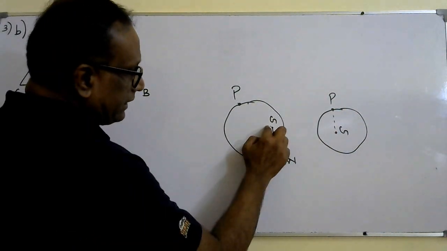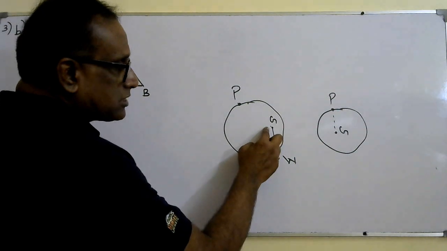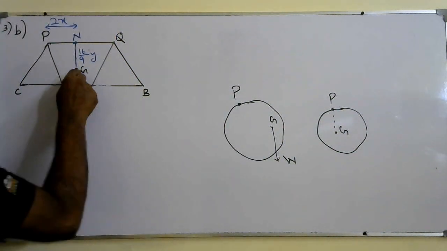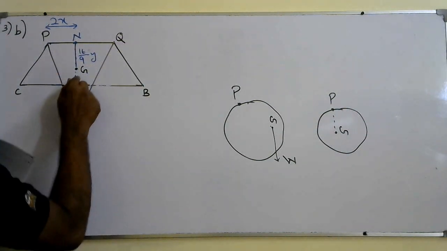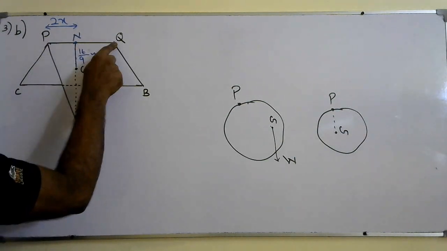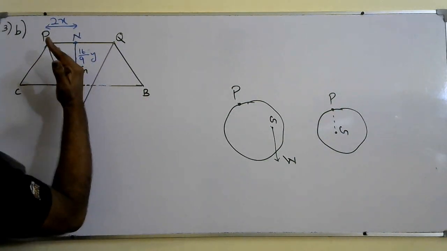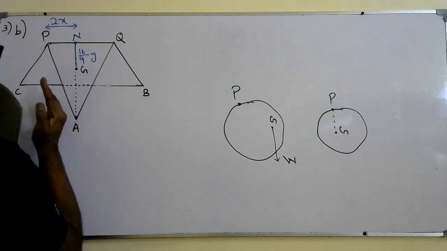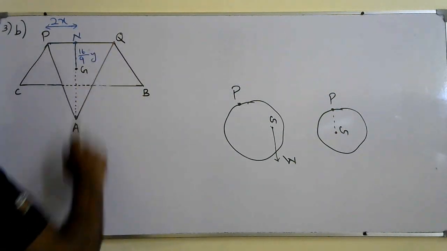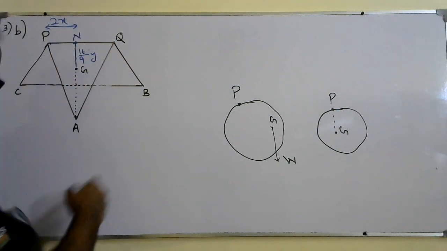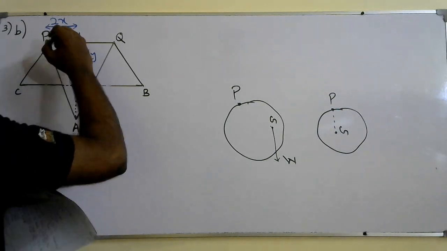The shape will rotate until the center of mass becomes exactly below the point from where it is hung, so G will come exactly below P. The line PQ also will turn. They are saying the line PQ makes an angle alpha with the vertical.